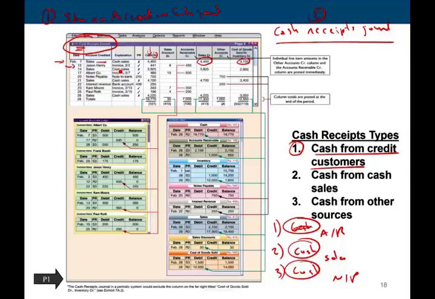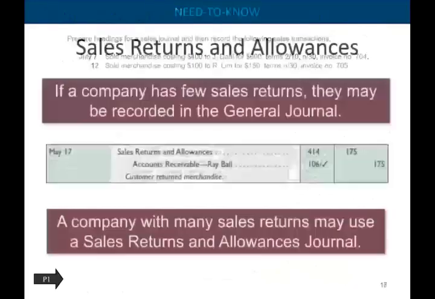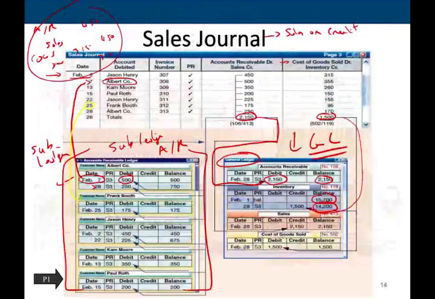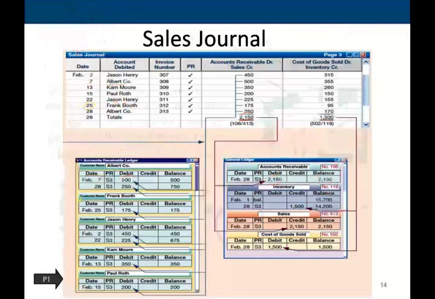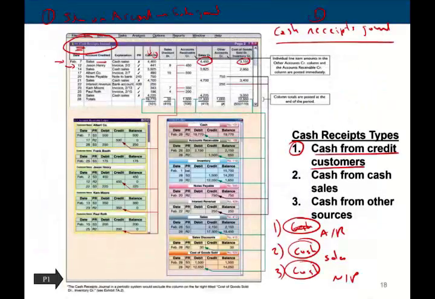We sold something and we received the cash immediately. Jason Henry, invoice on 2/2. I think we sold something to Jason Henry on 2/2. Actually, it doesn't have to be this invoice. I was thinking that we have the accounts receivable for this, but it doesn't matter. Notice Jason Henry, invoice dated February 2nd.